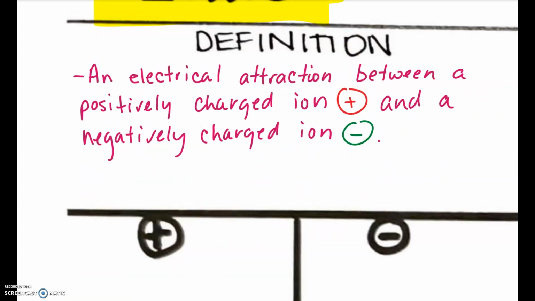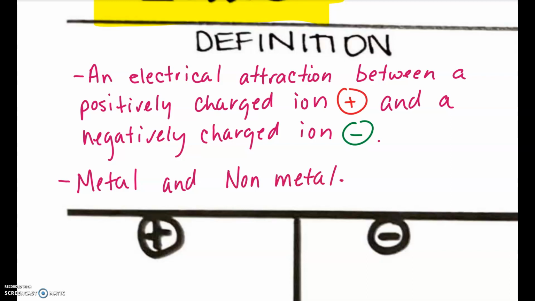Typically, it is between a metal and a non-metal. The metal being the positively charged ion and the non-metal being the negatively charged ion.